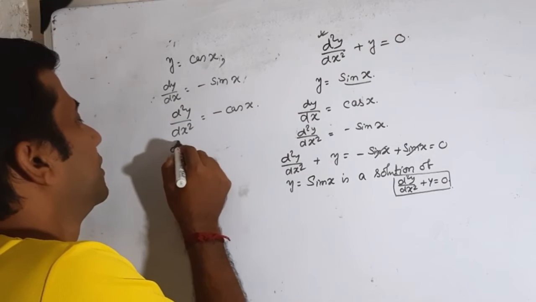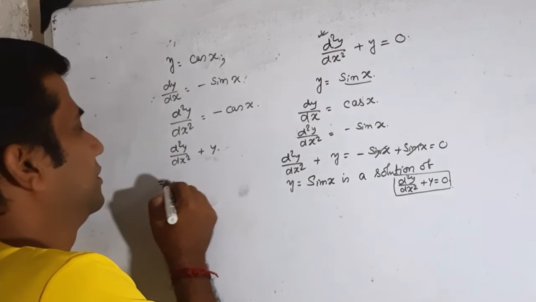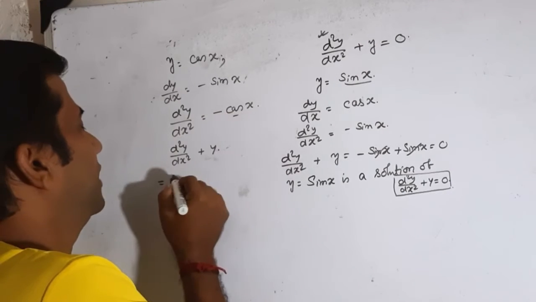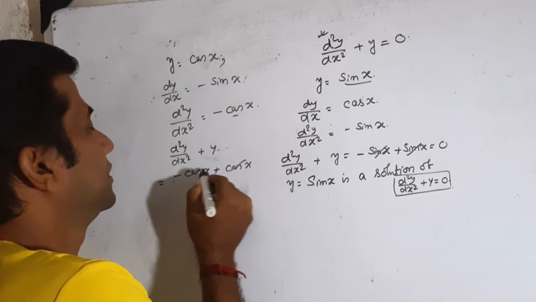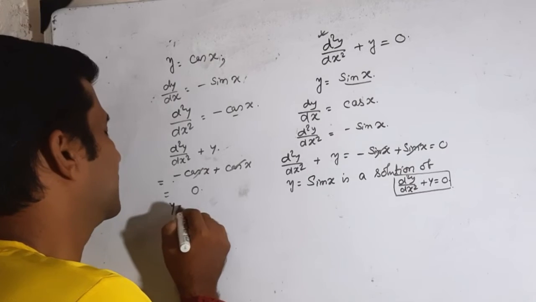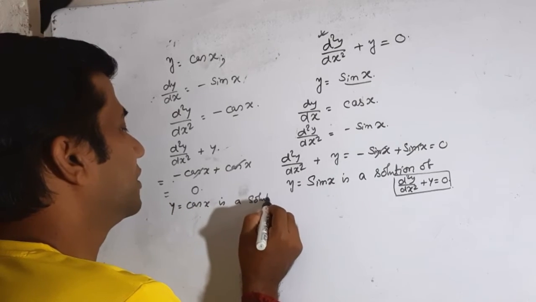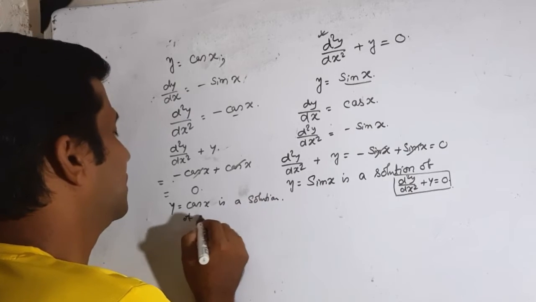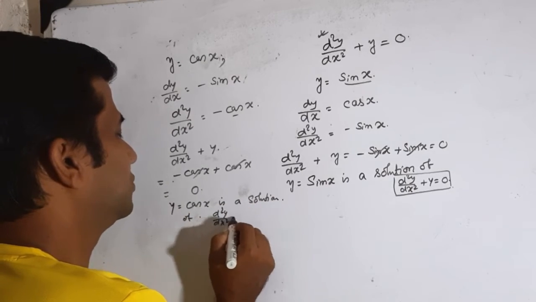Putting in d2y/dx2 plus y, we get minus cos x plus cos x is equal to 0. So y is equal to cos x is a solution of this equation d2y/dx2 plus y is equal to 0.